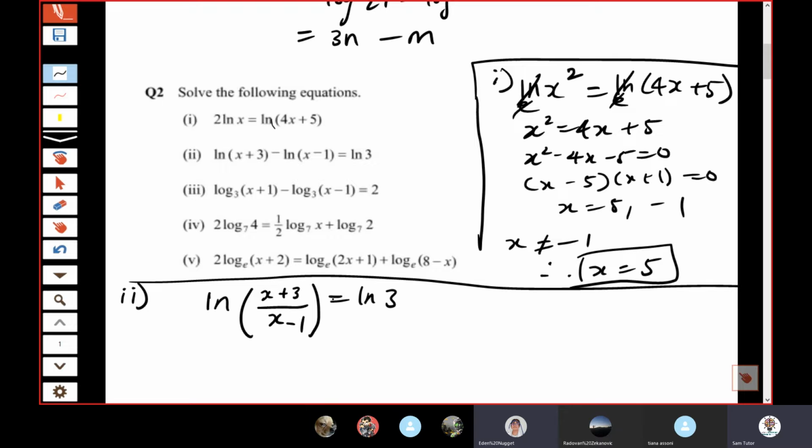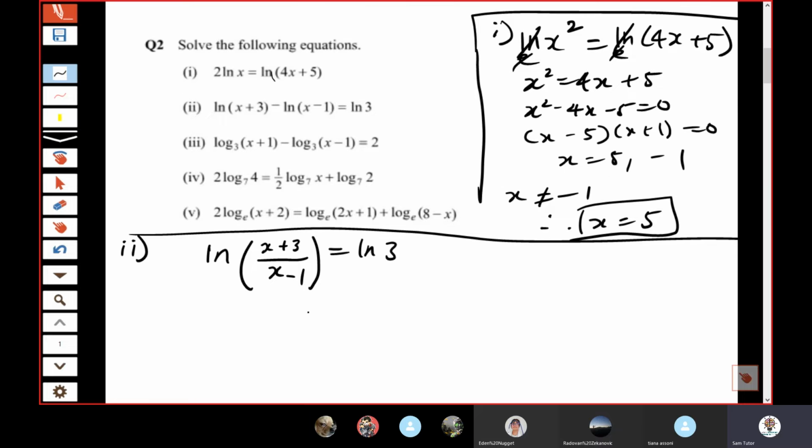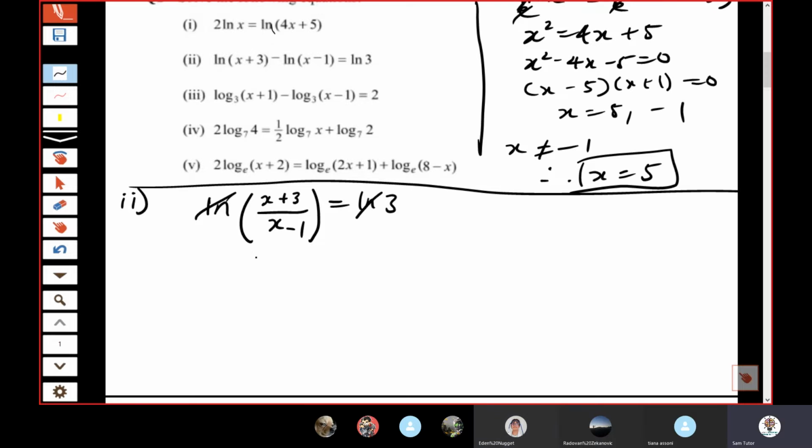Bingo. And then log and log, what are you going to do? Cancel them. What are you left with? x plus 3 over x minus 1 equals 3. And then just do it.